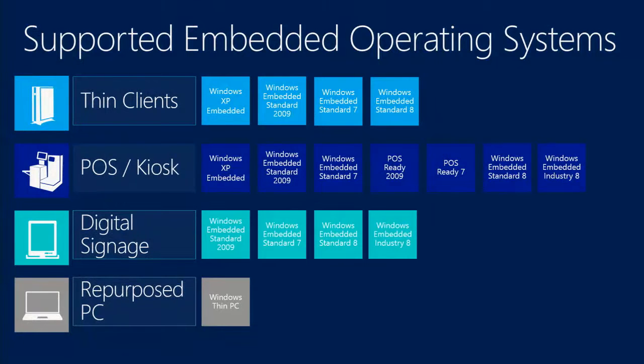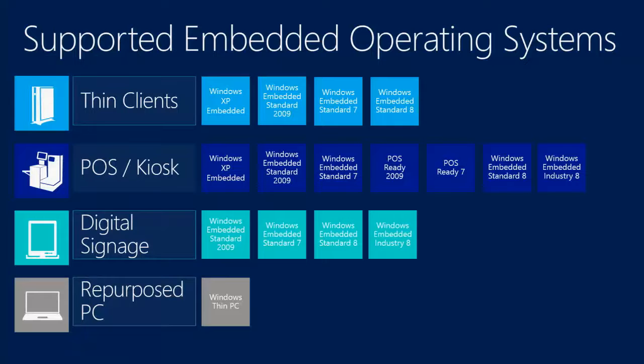And this chart shows you various flavors or additions of embedded operating system that can be used to build some of these devices, and all of those are now handled. So if you wanted to look at OS deployment using Config Manager SP1 for a point of sales or kiosk device, you can now do that for Windows Embedded Industry 8 or XP Embedded as well.